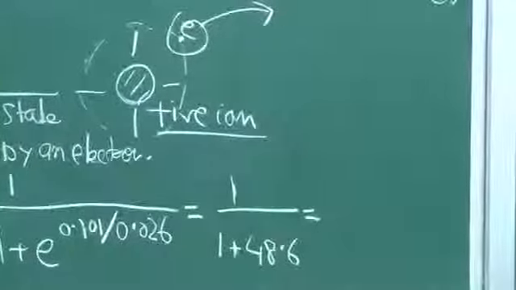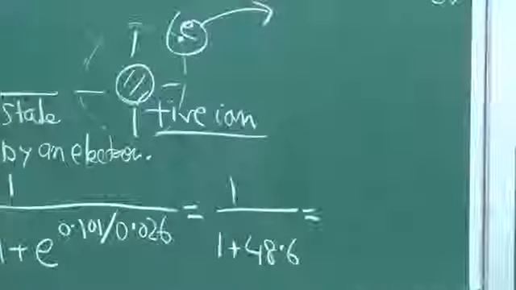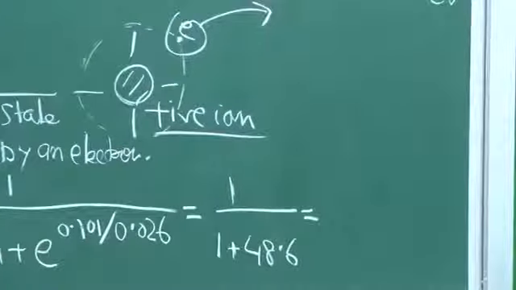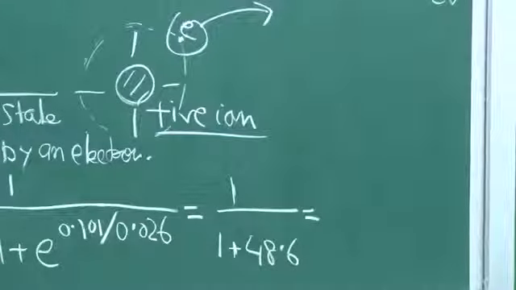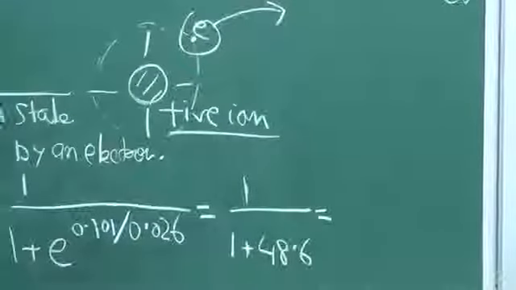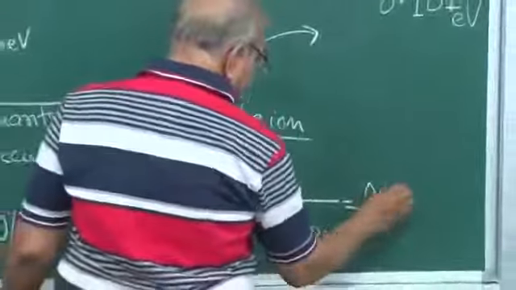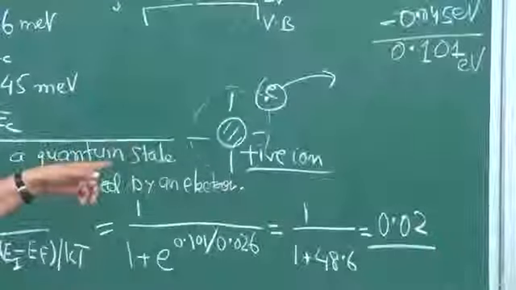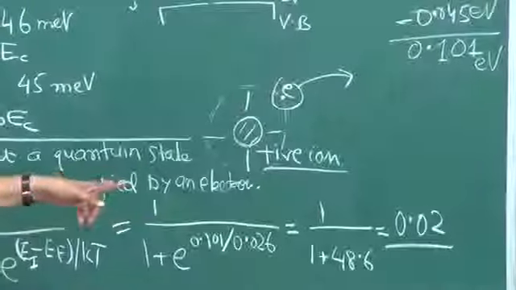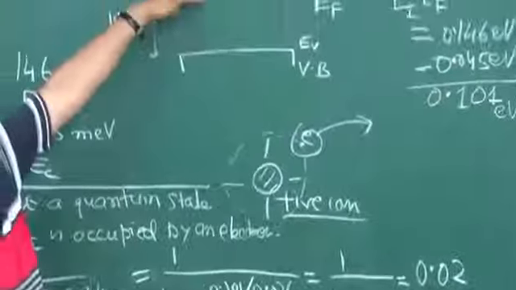But still let me do that: 1 divided by 49.6 equals 0.0201 etc. So almost 0.02. This is the probability of one quantum state being filled here.